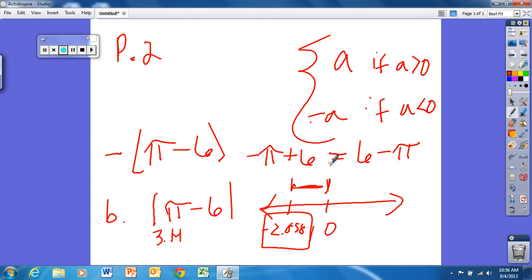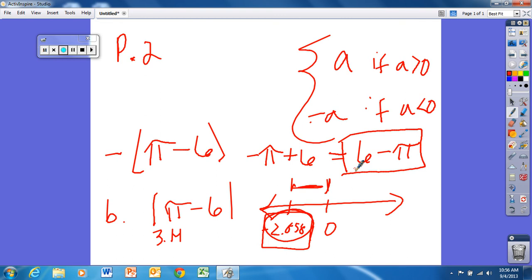Now, remember, when we did it in our heads, we said pi was approximately 3.14. When you subtract 6, you get approximately 2.858, and that's the distance that pi minus 6 is away from 0. Well, if you do 6 minus pi, that gives you 2.858. All you really have to remember is how far is it away from 0. That's what absolute value is.